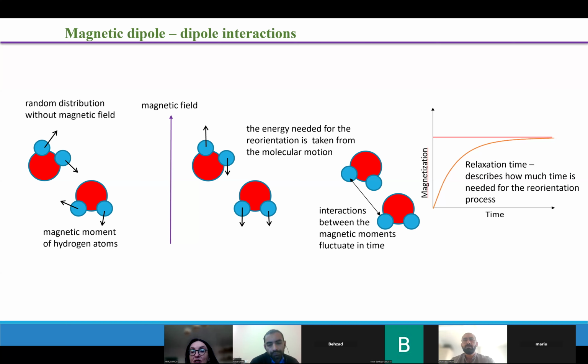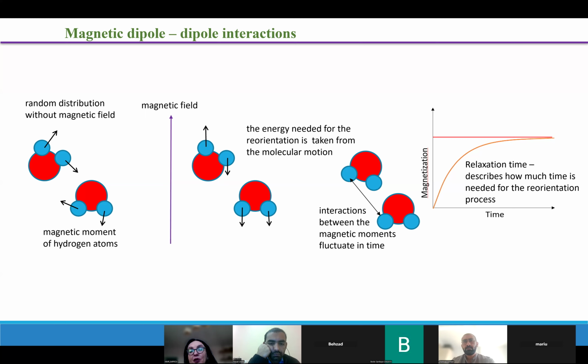But let us now come to the point that the molecules are in constant movement. So, in contrast to interactions with the external magnetic field, which is applied and end of story, it does not fluctuate in time.